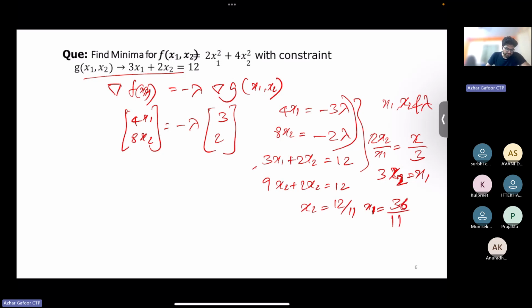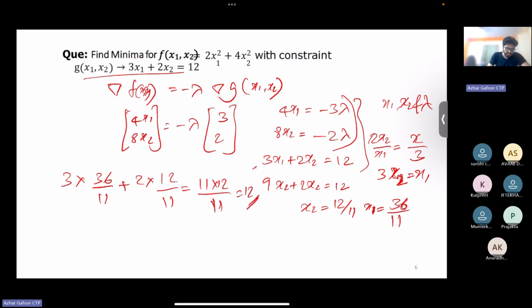Now let us see if this satisfies our equations. We have 3 into 36 by 11 plus 2 into 12 by 11. That will be 108 by 11 plus 24 by 11, which is equal to 12.